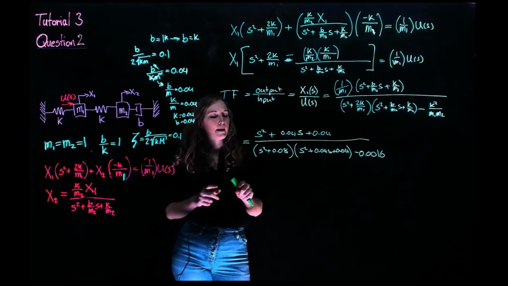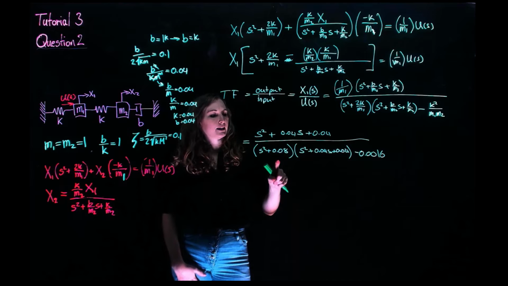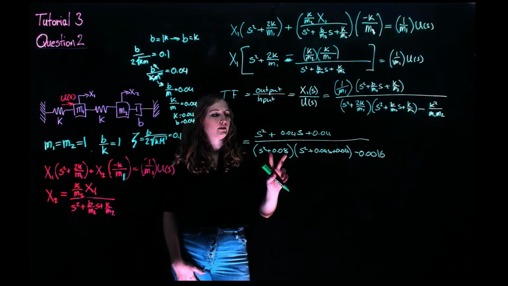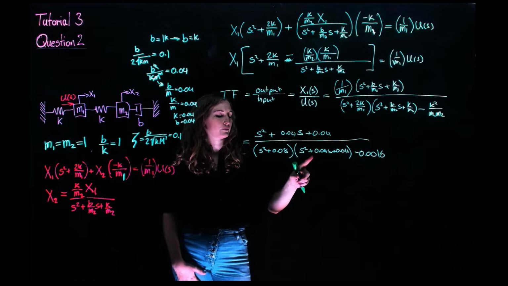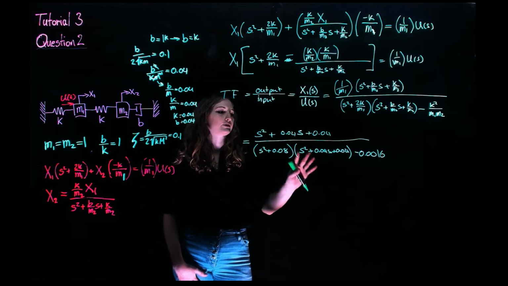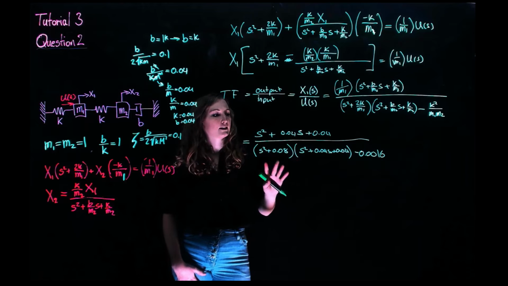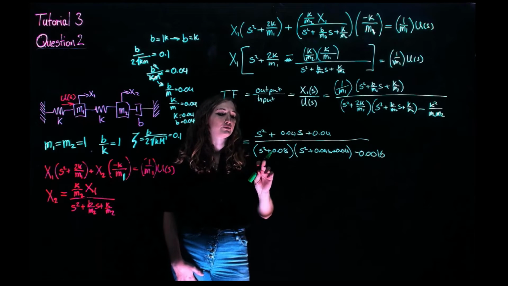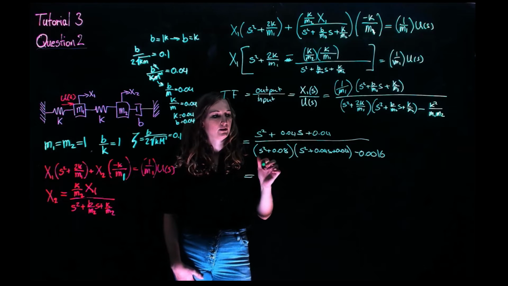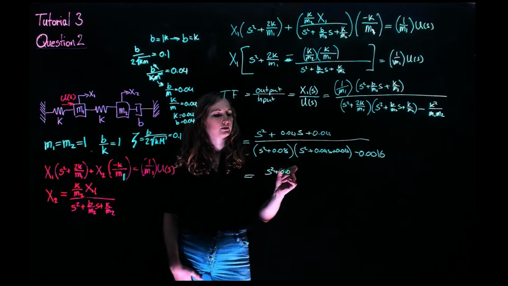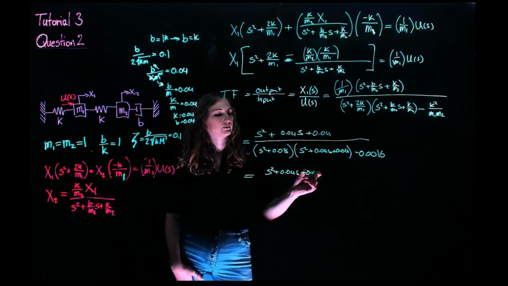All right, and we'll want to expand the denominator as well, and this is going to be to the 4th power, or s to the 4th, which is very, very difficult to solve by hand or numerically, and it's best that you use MATLAB or a calculator to solve for that when we look for the roots. So we get s squared plus 0.04s plus 0.04.